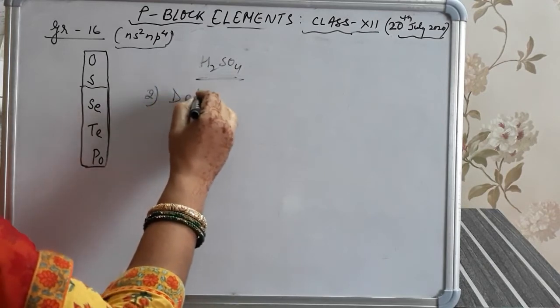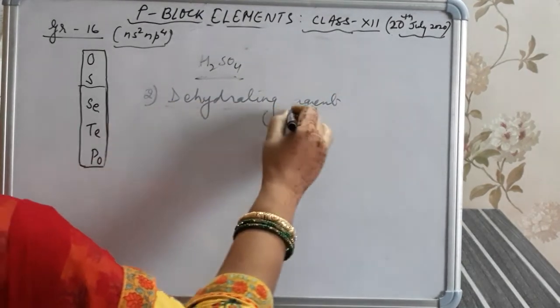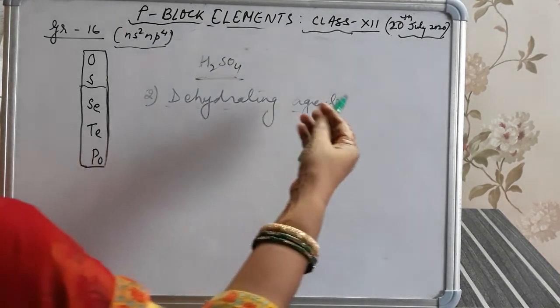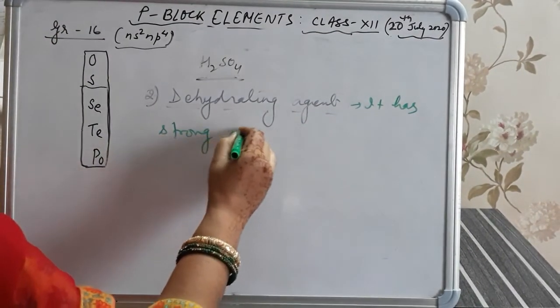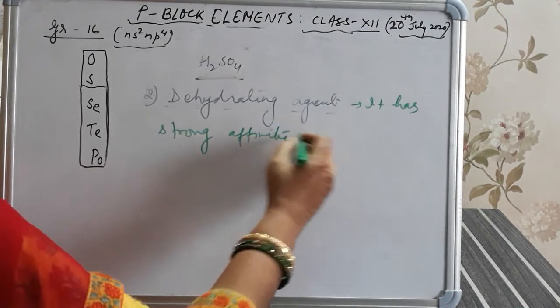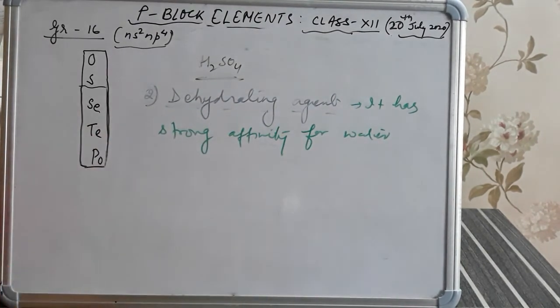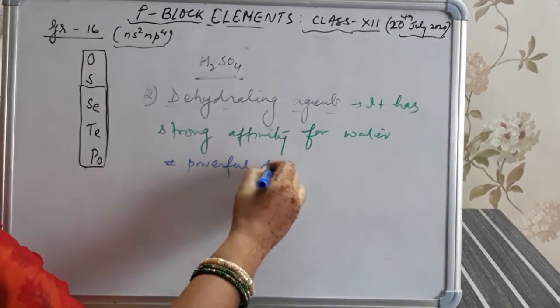Whenever conc sulfuric acid, because it has strong affinity for water, this is the reason sulfuric acid behaves as a dehydrating agent. So it is a powerful dehydrating agent.